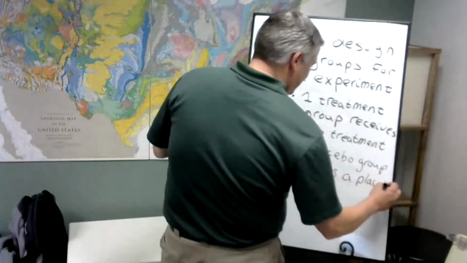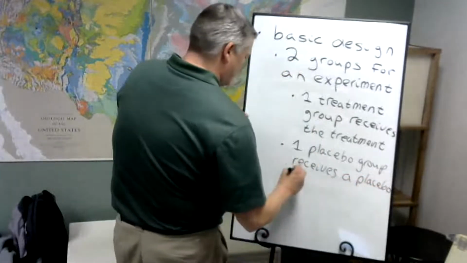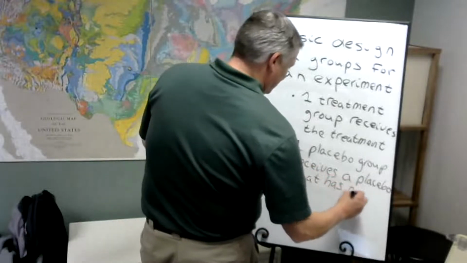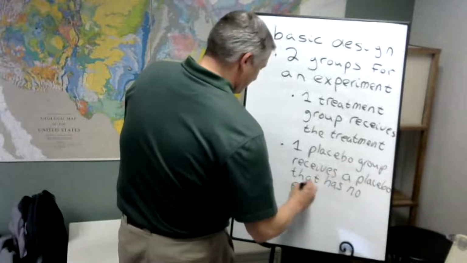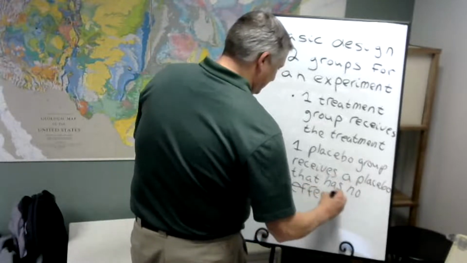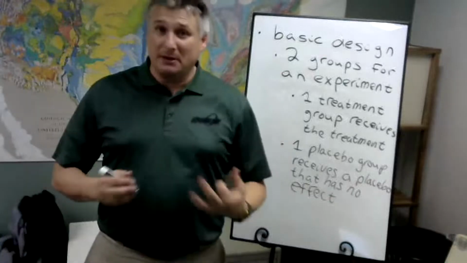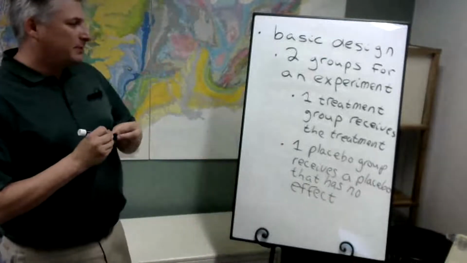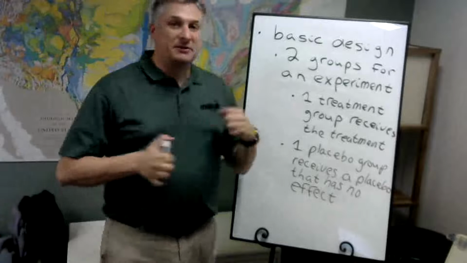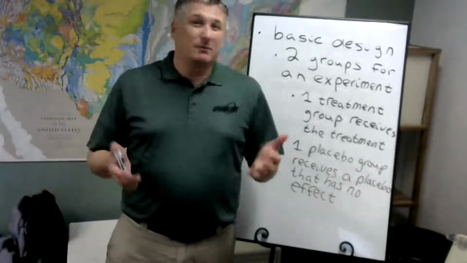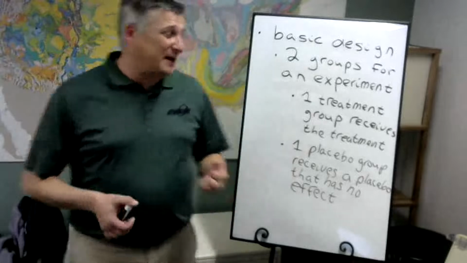The classic example of this: if you're testing, say again, some kind of drug, let's say it's a pill. One group of people will receive a pill that's the treatment. The other group, they might think they're getting the treatment, but really they're getting a sugar pill instead.